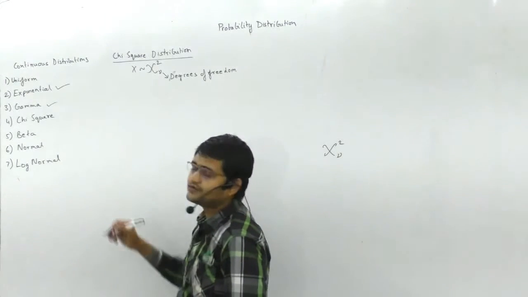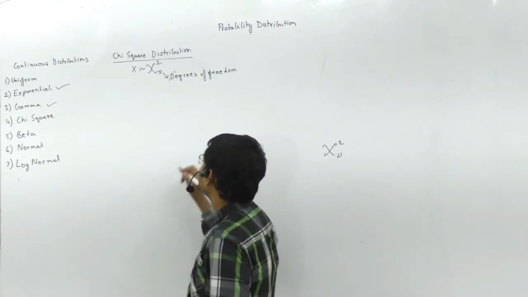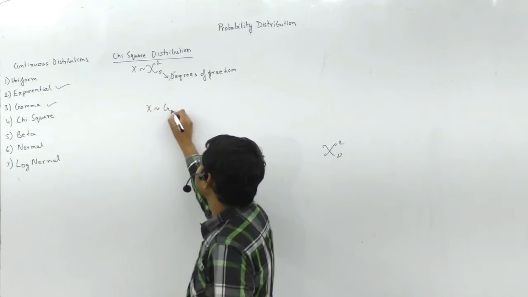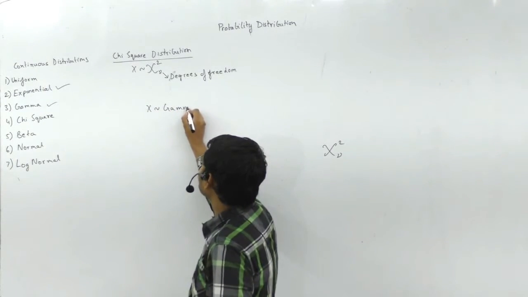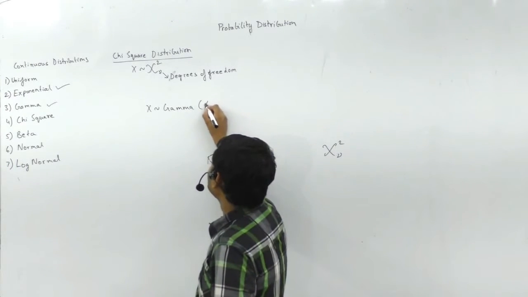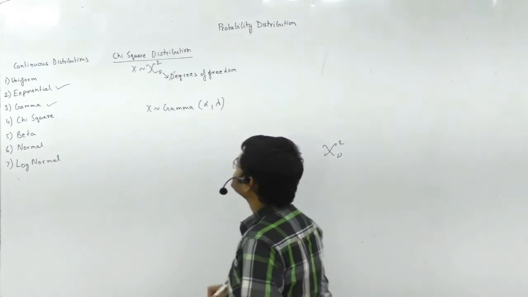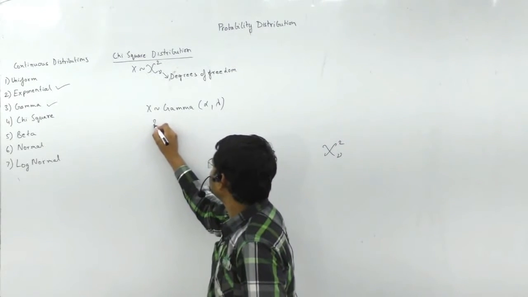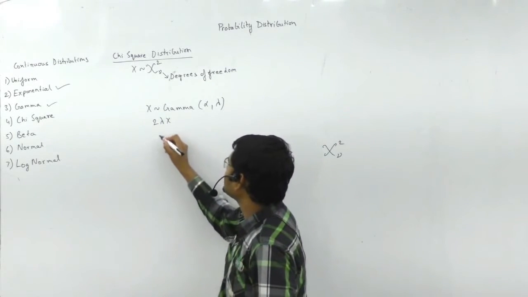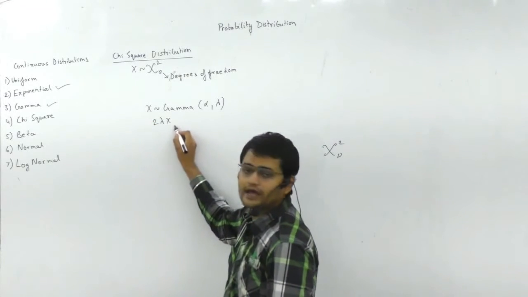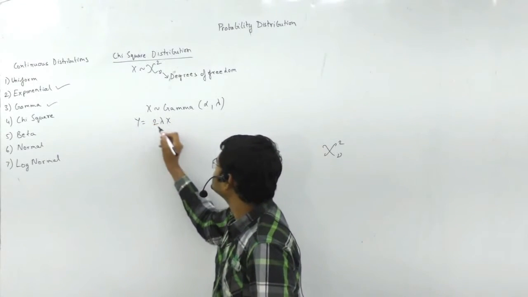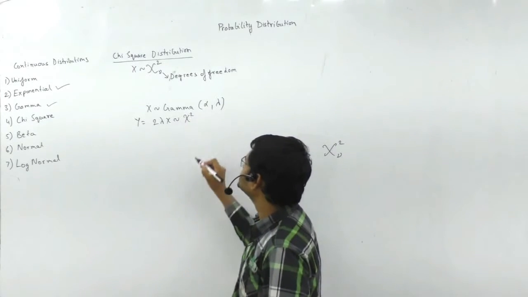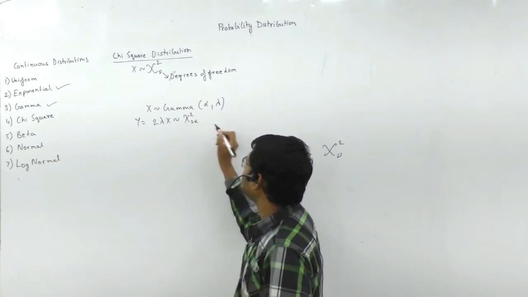Now how do we convert gamma distribution into chi-square distribution? So if I have, let's say, x follows gamma distribution with alpha comma lambda, these are my parameters of gamma distribution. So my new variable y, which is equal to 2 lambda x, will follow chi-square distribution with 2 alpha.